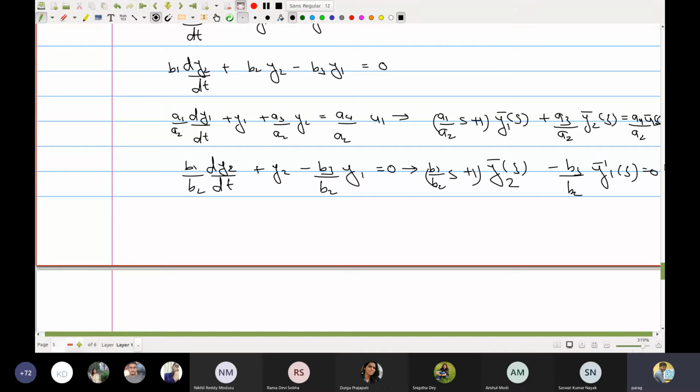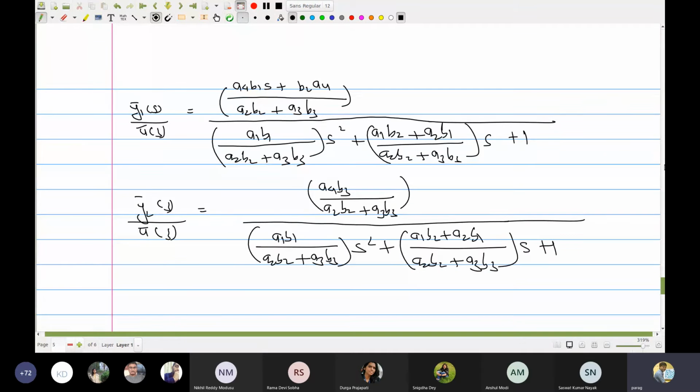Now you need to solve for y1, y2 and so on. So you will get this expression. Okay. Now, when you get this expression, let us try to analyze what is there in this expression.